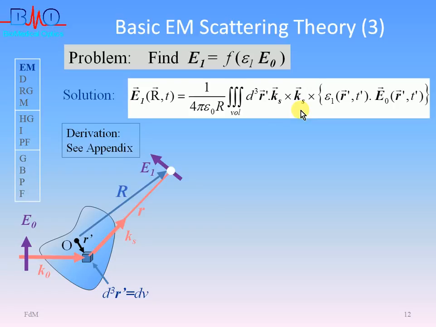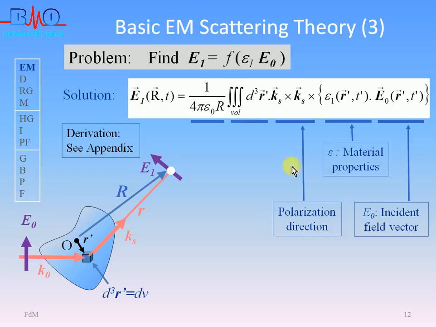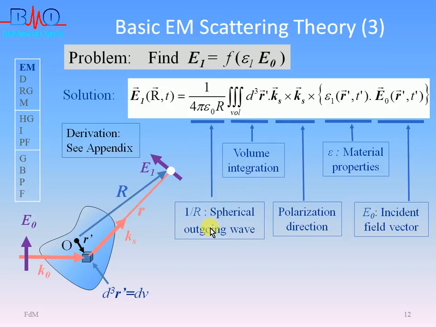Let's investigate the various terms in more detail. Here we have the incident field vector with r prime for the integration over the scattering volume, and t prime, which we will discuss in a minute. Here is epsilon 1, material properties. Here Ks times Ks, the polarization direction, as we will see. Integration over the scattering volume, and here we have the spherical outgoing wave.